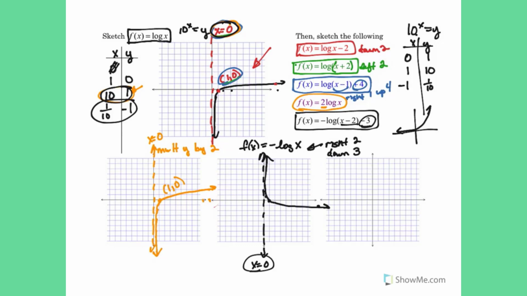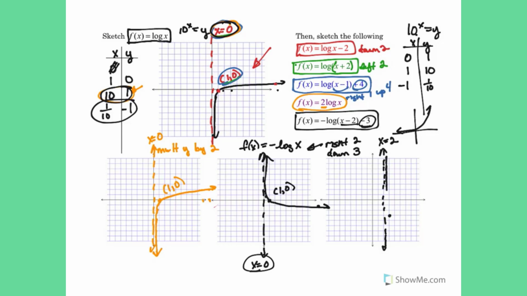So I'm going to take my vertical asymptote and move it to the right 2. Down 3 is not going to make a change. Label it. I'm going to take my x-intercept of 1, 0 and move it right 2 and down 3. And then I'm just going to copy that graph.